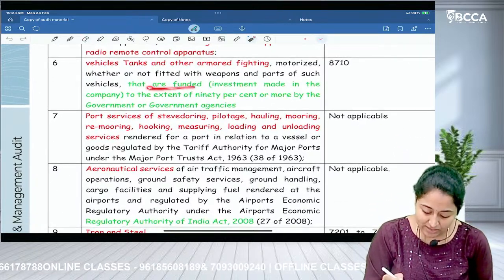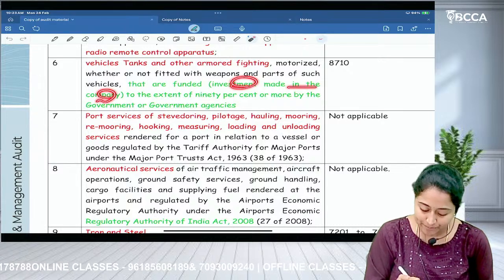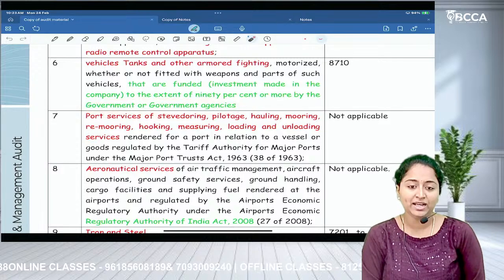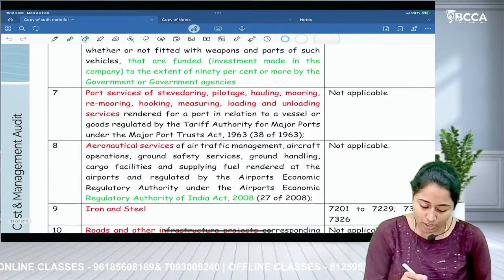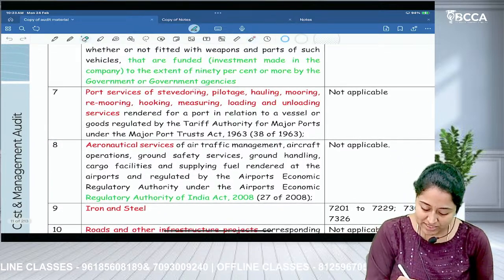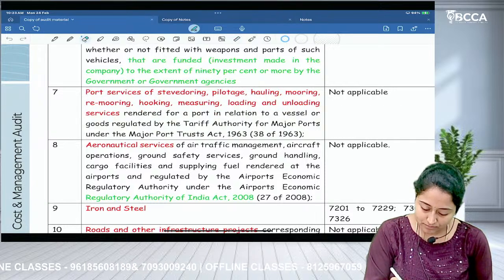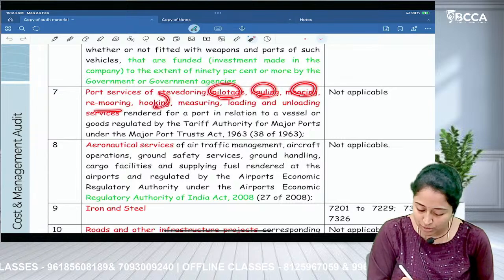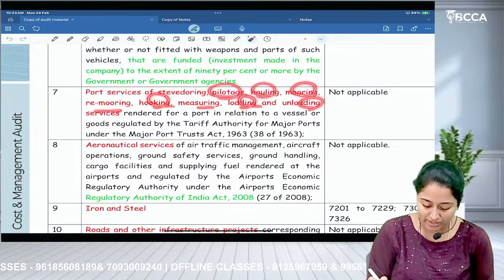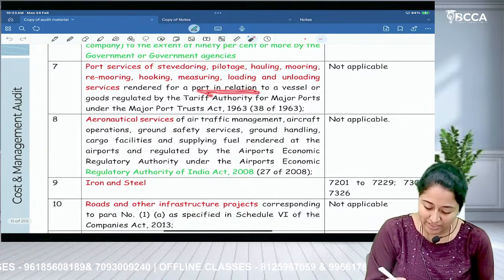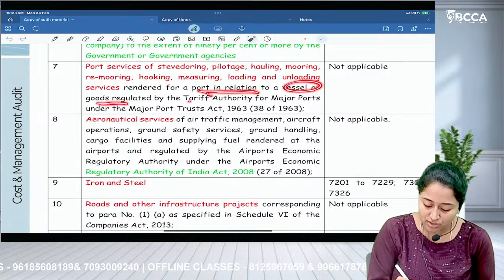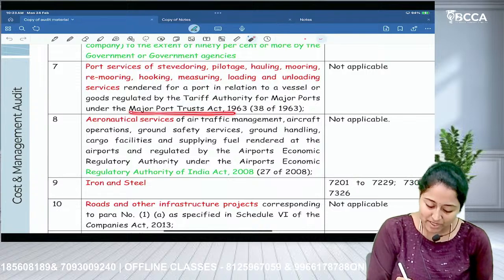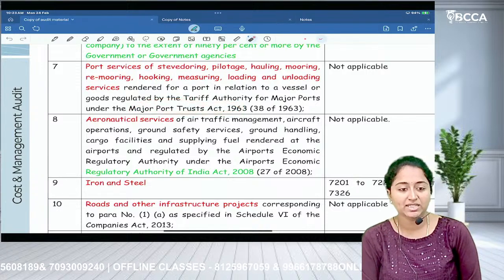Okay, that are funded investment made in company to the extent 90% or more by the government or government agencies. Port services of stevedoring, pilotage, hauling, mooring, remooring, hooking, measuring, loading, unloading, rendering for port in relation to vessel or goods regulated by the tariff authority for major ports under the Major Port Trust Act 1963.